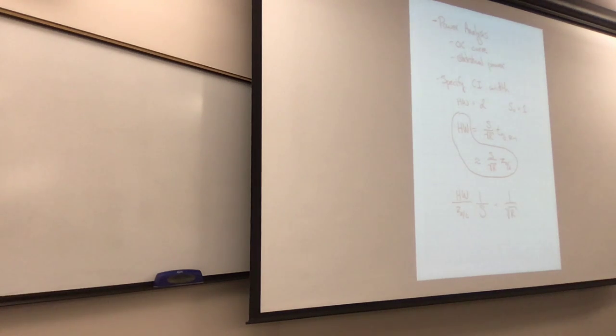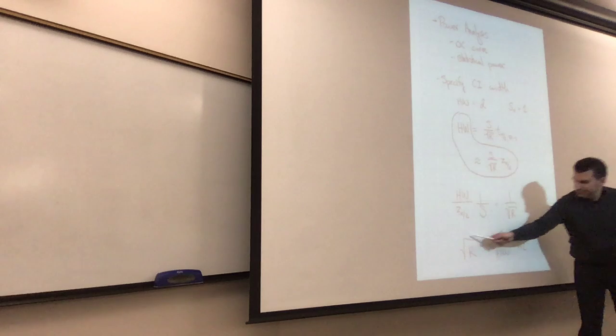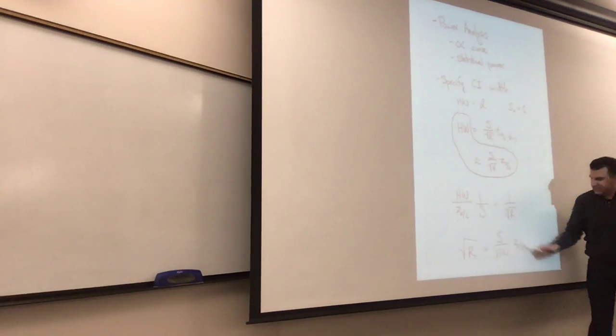Then you flip it over, and the square root of r is equal to s over the half-width times z alpha over 2. If you square that, you end up with the formula that comes out of the book: r is equal to this thing squared.